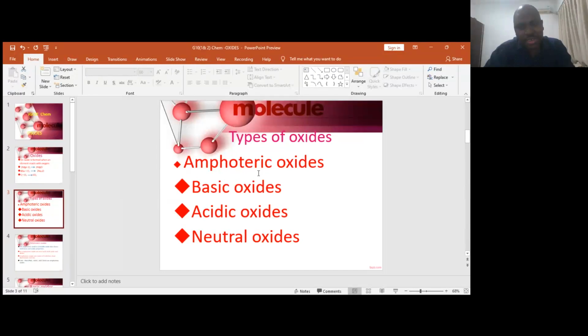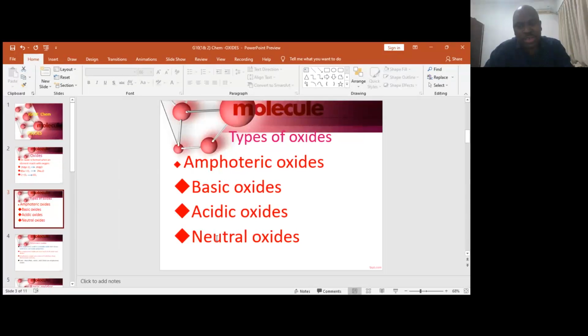So remember what I said, amphoteric means something that can react with an acid or act as an acid and it can also act as a base. So we have amphoteric oxides, we have basic oxides, we have acidic oxides, and we have neutral oxides. So these are the four types of oxides that we have.